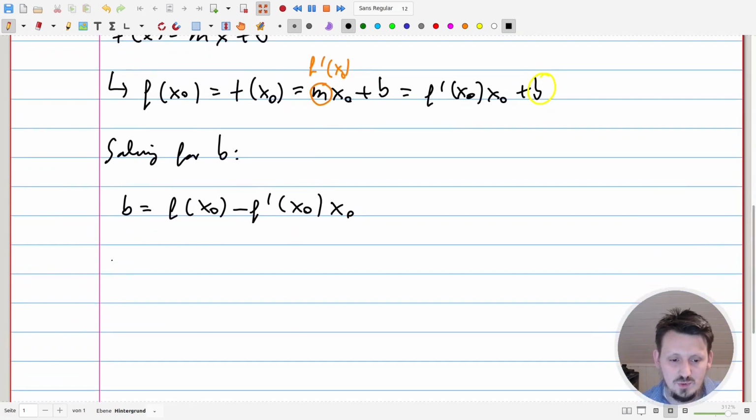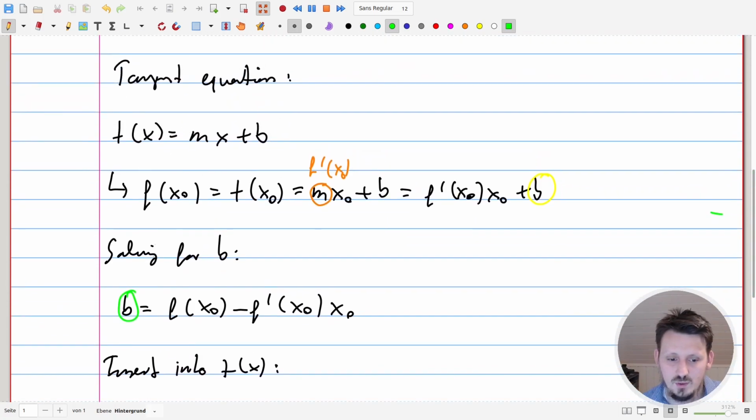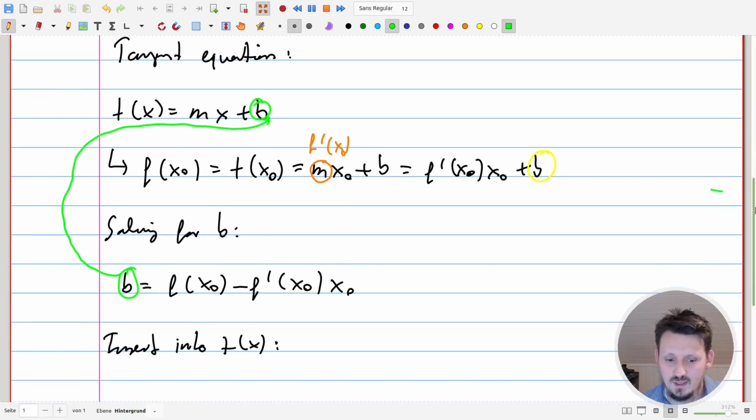And now we can take this and insert it into our tangent function. So what we have here is our b parameter, and we want to replace it here.